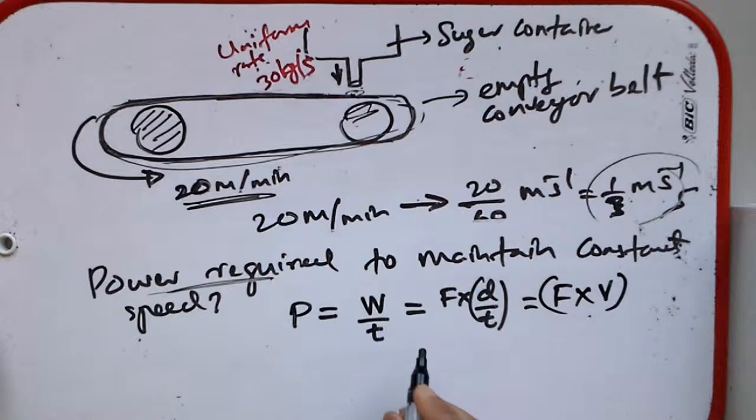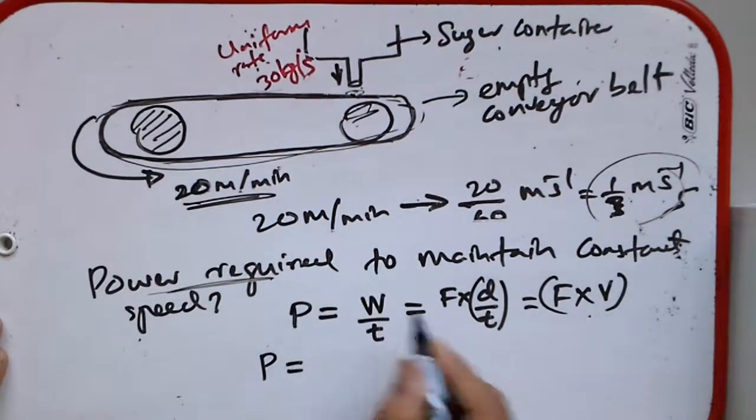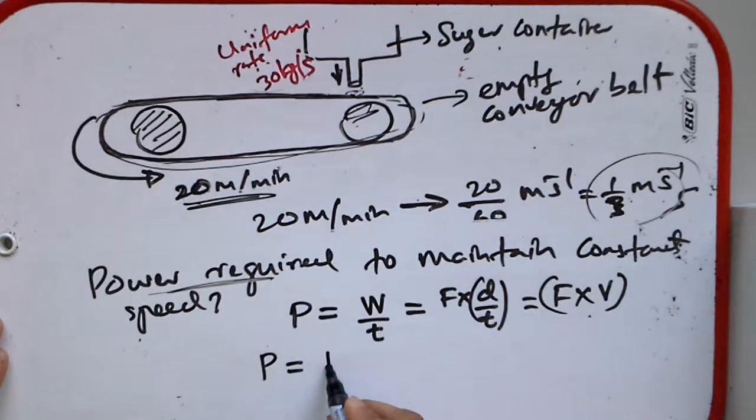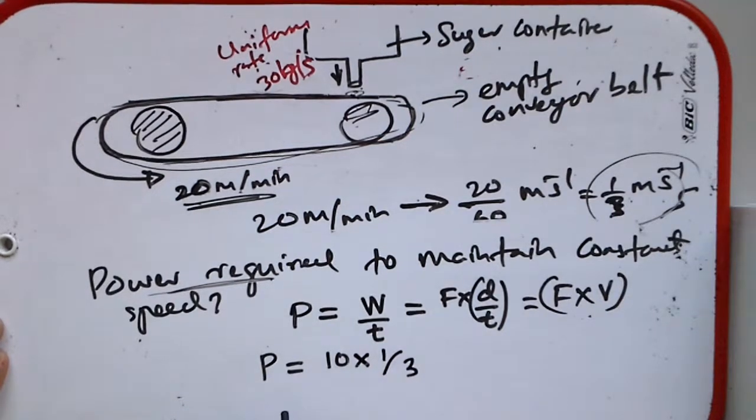I'm going to apply this formula. The power required to maintain constant speed: the force we found, 10, multiplied by the velocity, 1/3. So the answer is 10/3 joule per second.